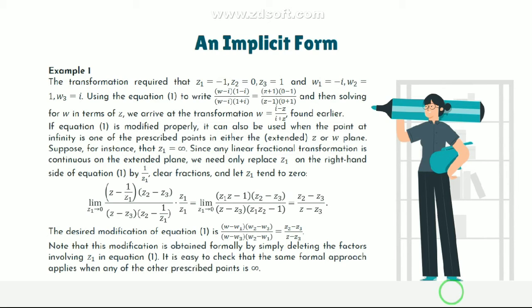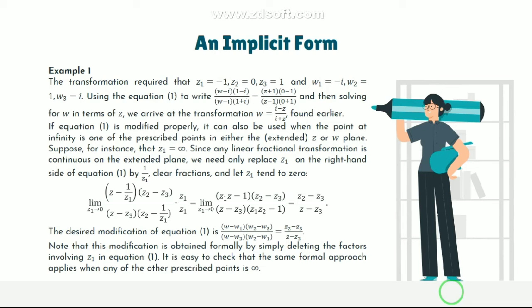Using equation 1, we write (w - i)(1 - i) over (w - i)(1 + i) equal to (z + 1)(0 - i) over (z - 1)(0 + 1), and then solving for w in terms of z, we arrive at the transformation w equal to (i - z) over (i + z) found earlier.